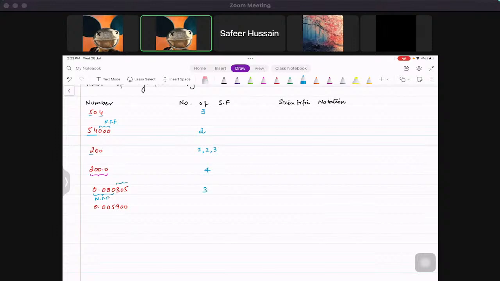It means it is 3 significant figures right here. At the end, these first 3 are non-significant, but if there are 2 numbers and they intentionally put 0 here, it means they want you to understand that this is significant. That means it has 4 significant figures. Any questions? Please let me know.